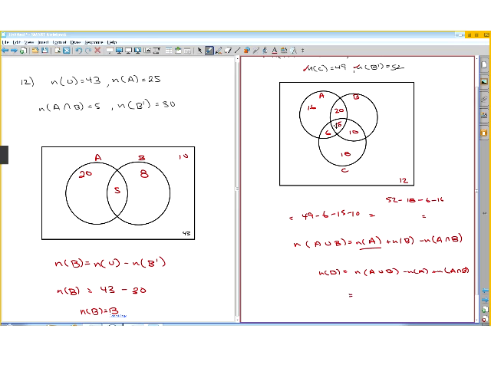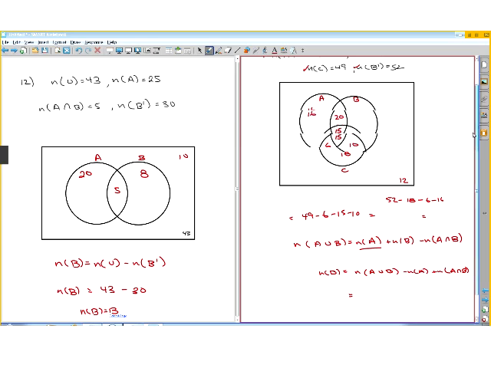The union of A and B is going to be 16 plus 6 plus all these things here. So that's 36, 46, 51, 57. Okay. Plus 10.